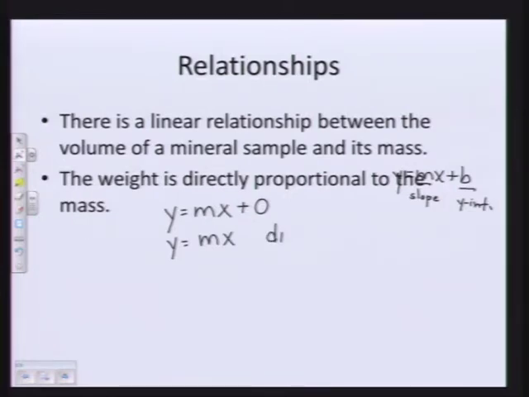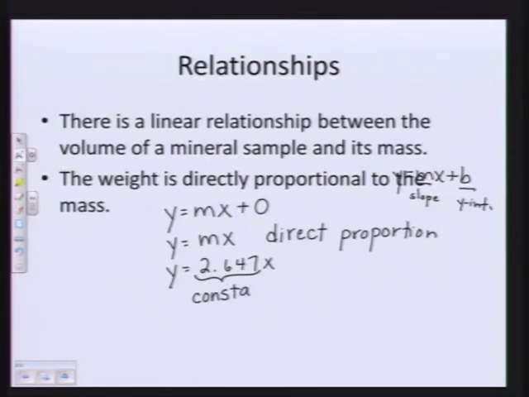That one is one that we call a direct proportion. So it's simply a linear relationship, but we have a y-intercept of 0. In our case, we have 2.647 as our coefficient of x, and we could also refer to that 2.647 as the constant of proportionality.